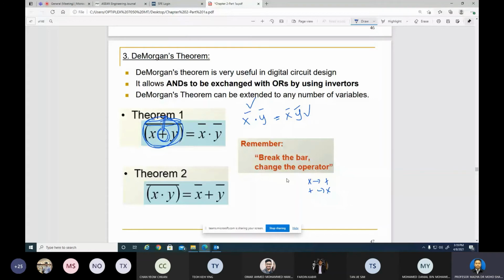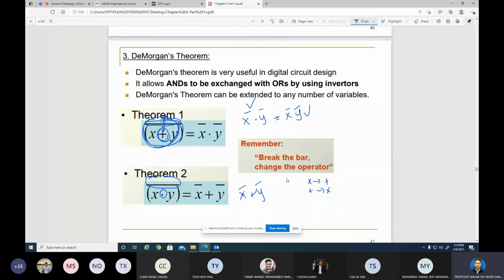For example, we have X dot Y under a shared bar. The keyword you have to remember is break. You break the bar, and then change the operator from multiplication to plus, so this is X bar plus Y bar.